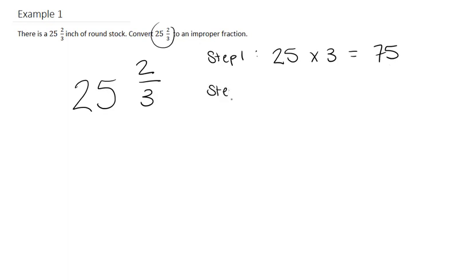Then step 2 is to add this number to the numerator. So we have 75 plus 2, which would be 77 now. Then we place 77 on the top, so that's our new numerator, and our denominator stays the same.